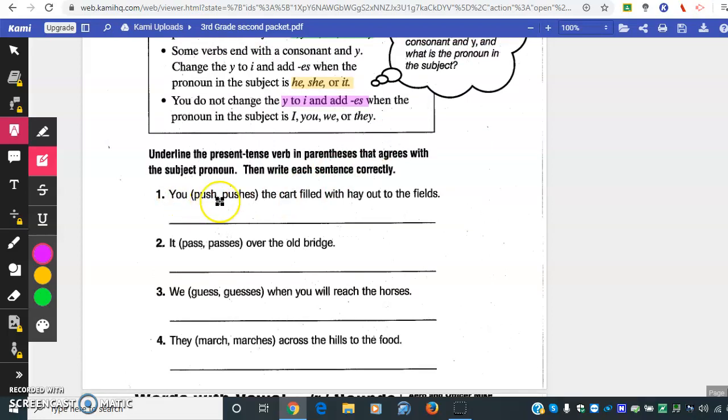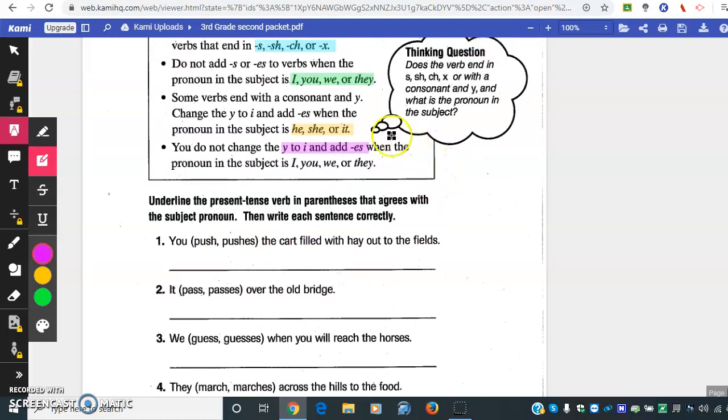You push or pushes the cart filled with hay out to the fields. Okay, well, you is a plural pronoun, and when there's a plural pronoun, you do not add S. It says right here, do not add S or ES to the plural pronouns. So I'm going to say you push. I'm going to leave it alone.